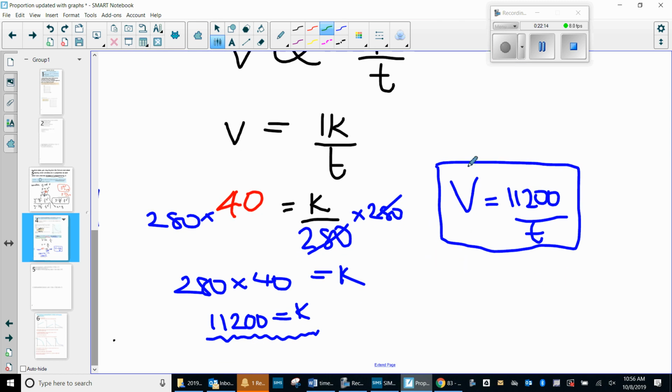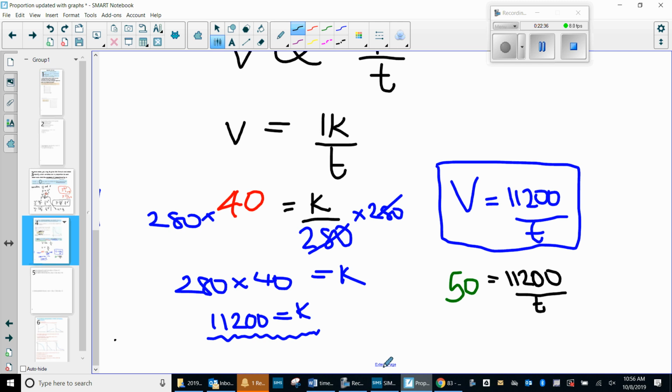So in place of the v, we're going to write the number 50 from our question. The rest of it is the same formula. So the 11200 doesn't change, and nor does the t. But this is what we need to find. This is where sometimes mistakes happen for inverse proportion.